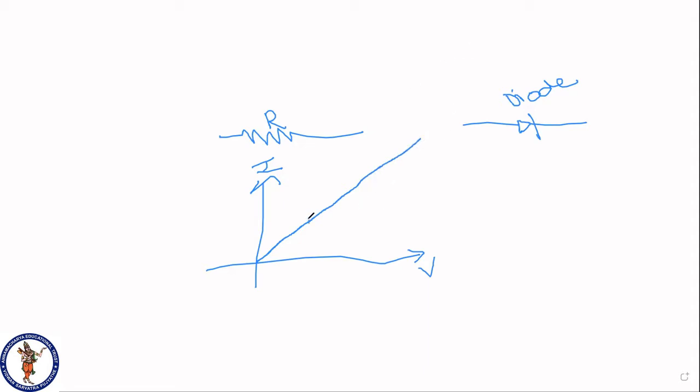At the midpoint, let's say somewhere here, if we take it, that is nothing but static resistance. But if we take 2 points and take the difference, that is nothing but the dynamic resistance. Taking the 2 points, this is the dynamic, and this is the static.